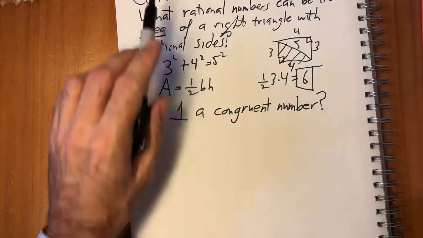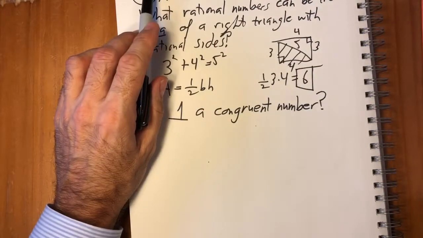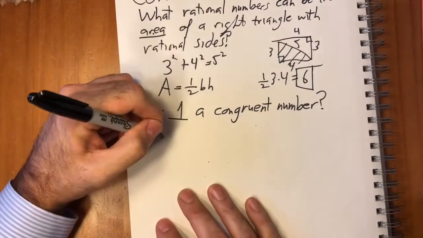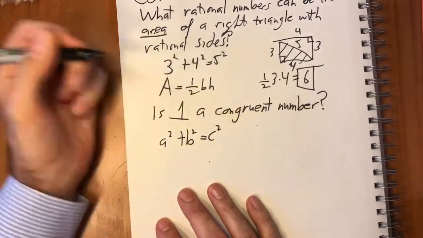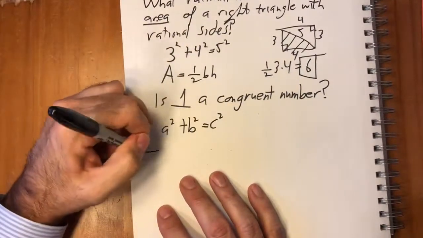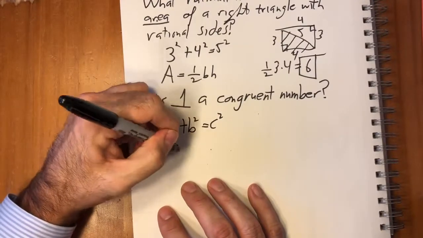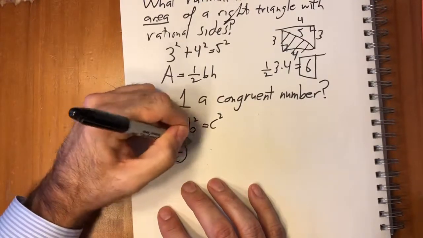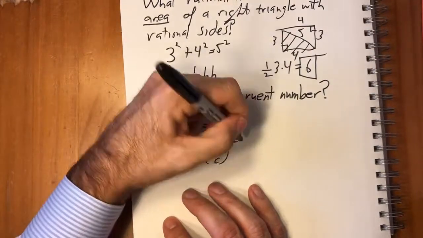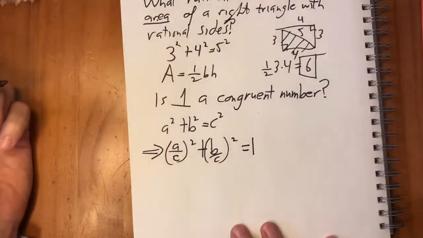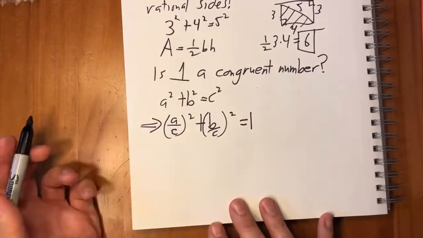Let's go back a minute to the Pythagorean theorem. If we have a squared plus b squared equals c squared, we can divide through by c, and we end up with (a over c) squared plus (b over c) squared equals 1. Does that remind you of anything?